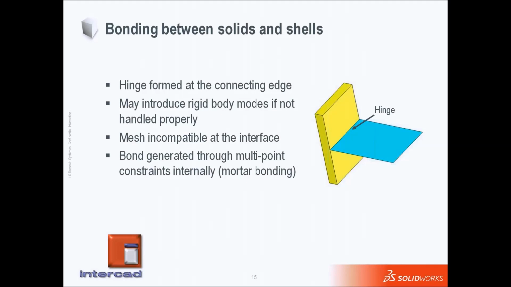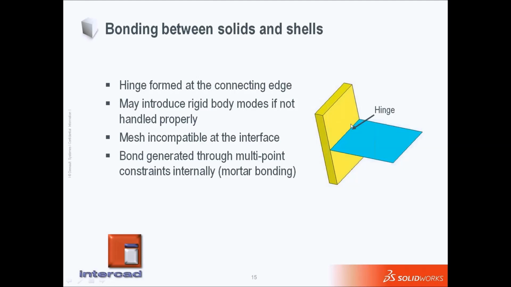Imagine the example of a thick plate and a thin plate attached to each other, and we're requesting solid mesh on one and shell mesh on the thin part. As we explained before, the shell elements have 6 degrees of freedom, and now the mesher has to translate the mesh from the surface and connect it to the solid mesh on the other surface.